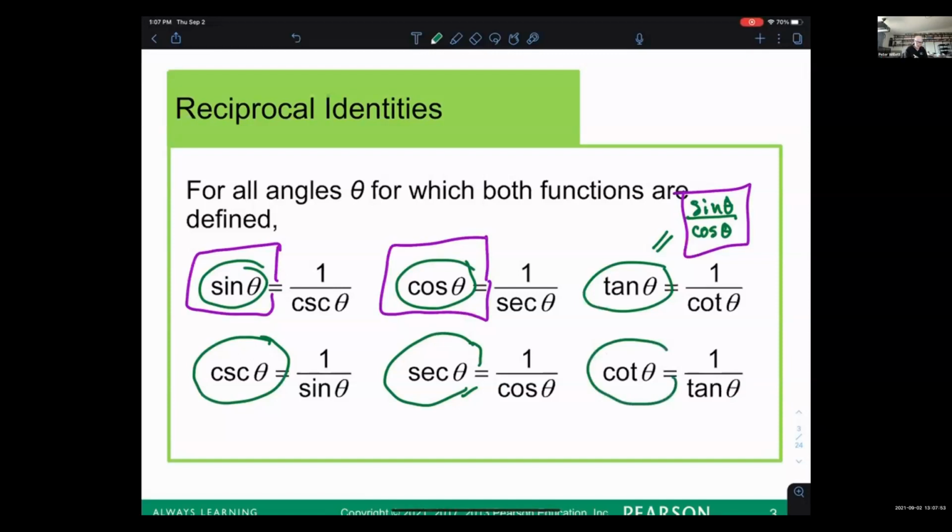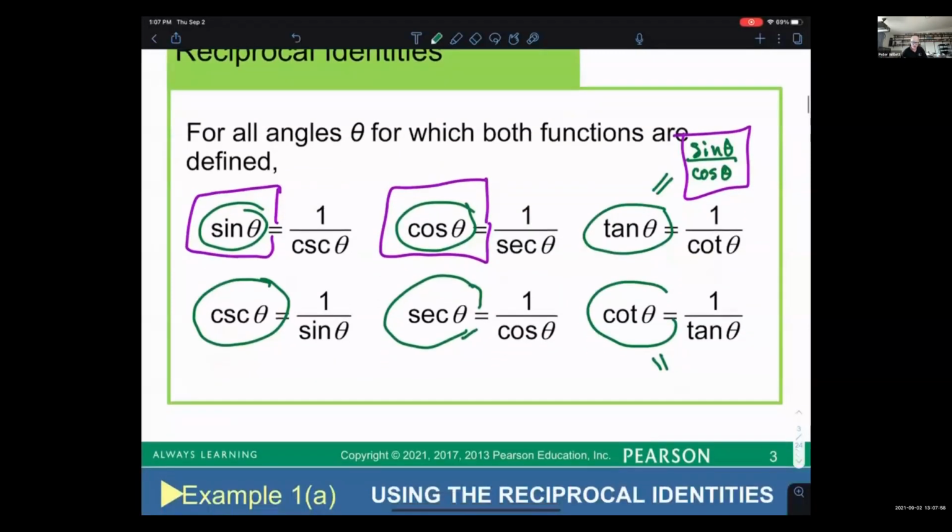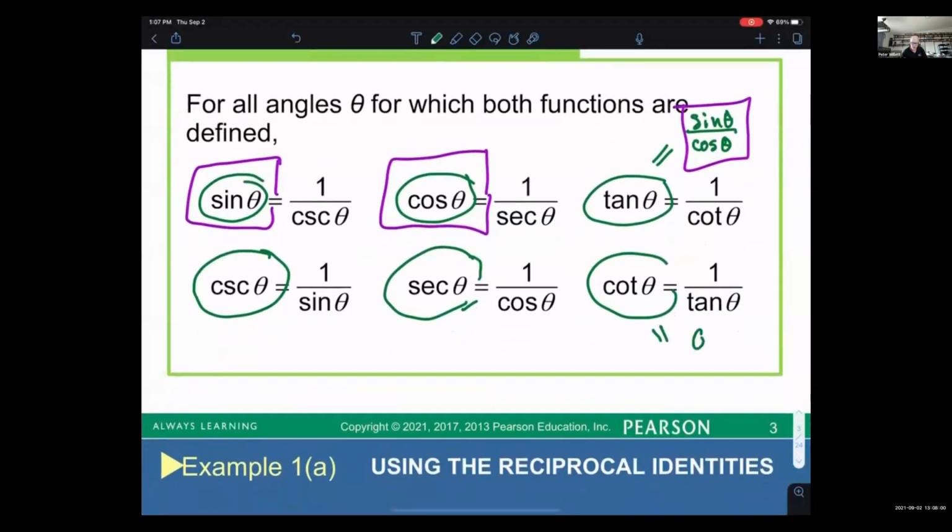So since tangent was sine over cosine, cotangent is most simply thought of as cosine over sine. Because if I flip sine over cosine, I get cosine over sine. And so again, cotangent, I can find by figuring out what's the cosine, what's the sine, then I make the fraction, cosine over sine.